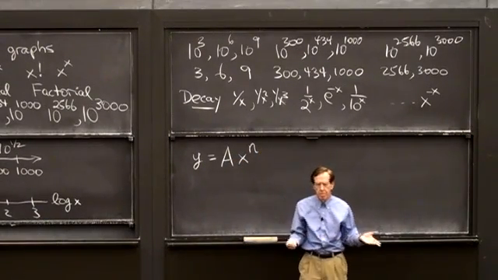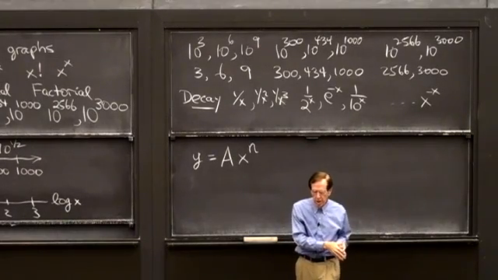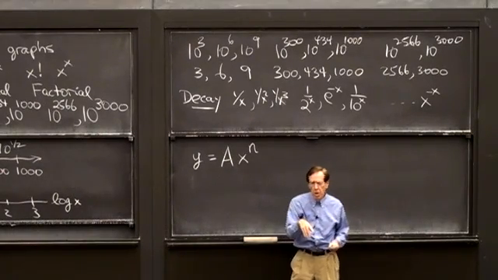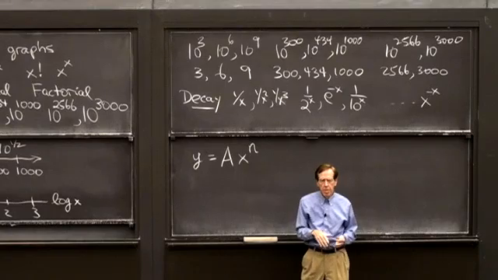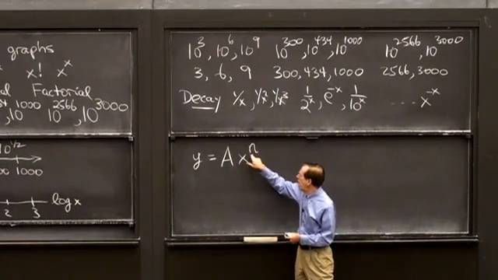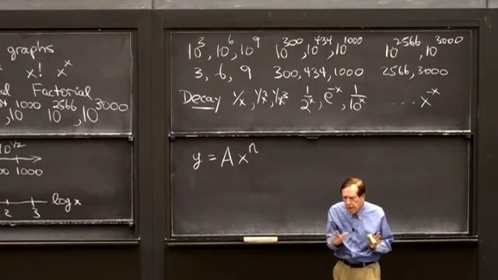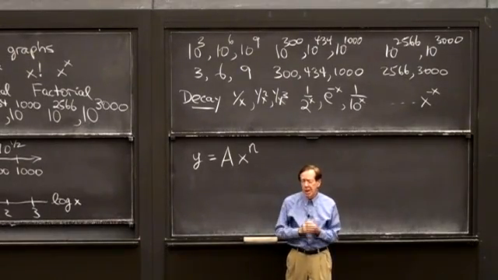I have some quantity y, the output, when the input is x. But I don't know that number a, so I've done an experiment, and I would like to know what is a and especially what is n. I would like to know how the growth is progressing.